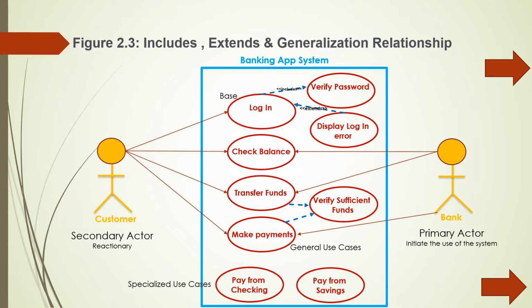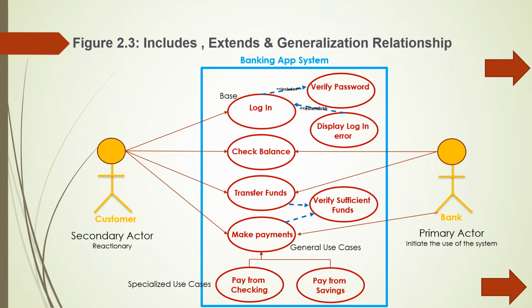You could also use the terms parent and children. Each child shares the common behavior of the parent, but each child adds something more on its own. To show that it is a generalization, we draw this type of arrow from the children up to the parent.